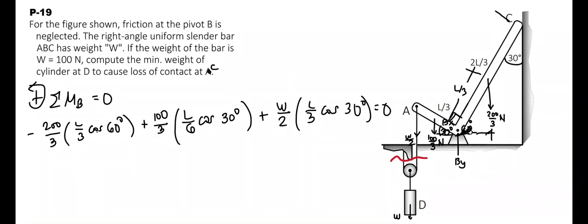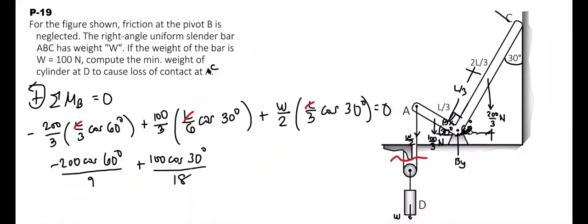Now notice that we can factor out L and divide the entire equation by L, so L cancels, and then we can simplify this equation to solve for W. So we have negative 200 cosine of 60 degrees over 3 times 3, that's 9, plus 100 cosine of 30 degrees all over 18, plus W cosine of 30 degrees over 6 equal to 0.